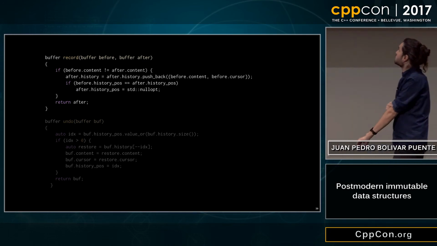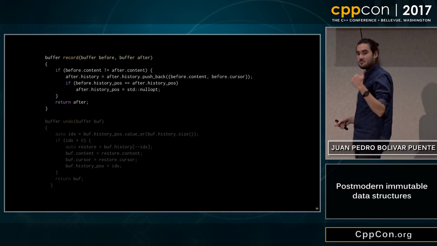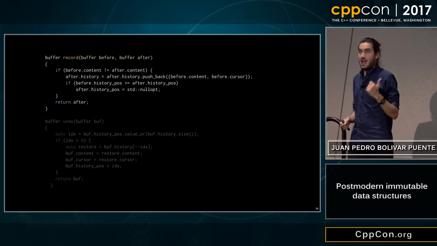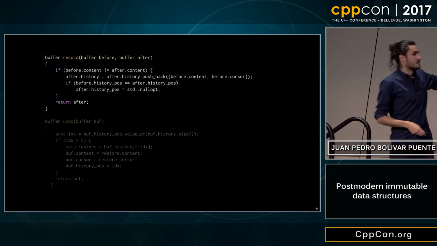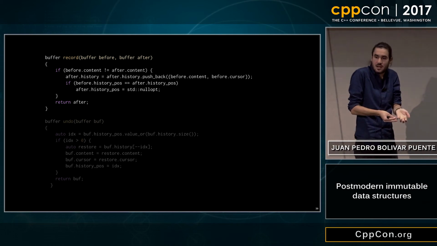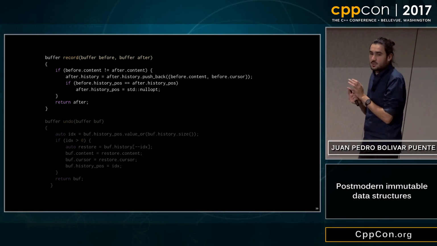The first function is called record, and it gets the old buffer, the buffer before my edit operation, and the new buffer, the buffer after the edit operation. This function is going to be called whenever I try to do an edit. And basically what it's going to do first is look, did the content change?